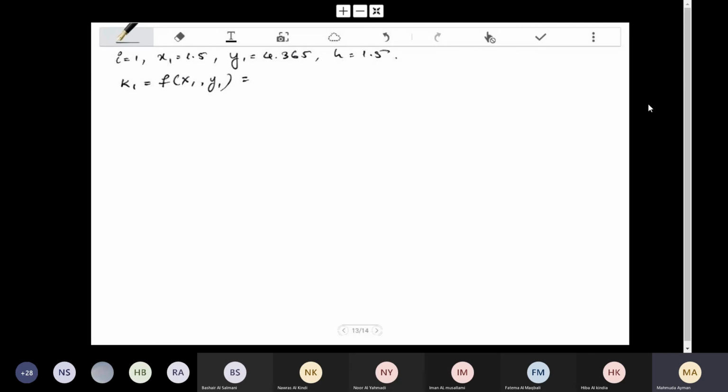So now here all the values of k1, k2, k3, k4 you all will calculate. So start working and give me the values. Got the values of k1 from Balkis? Yes, it's correct.